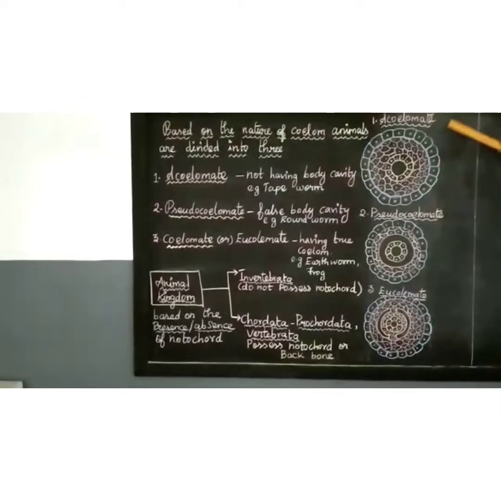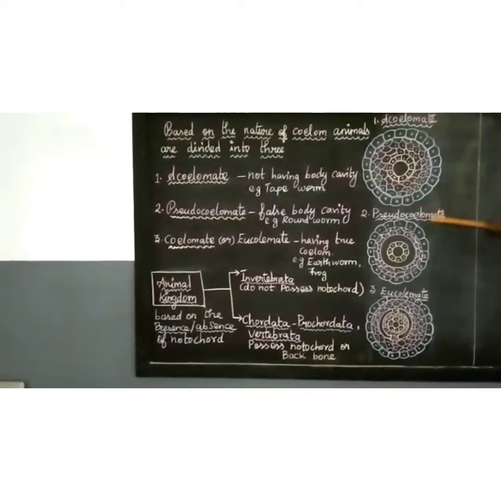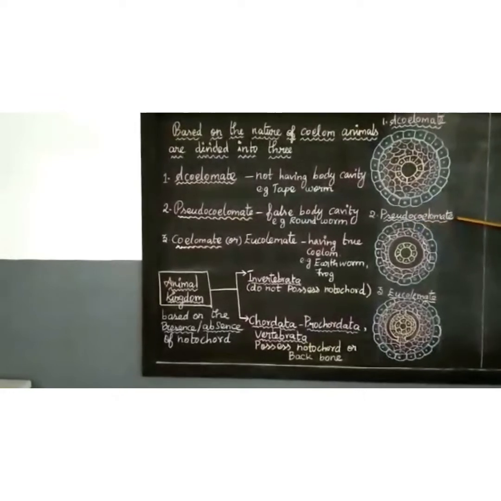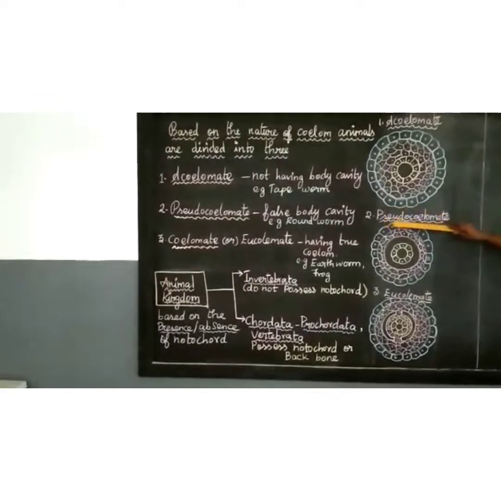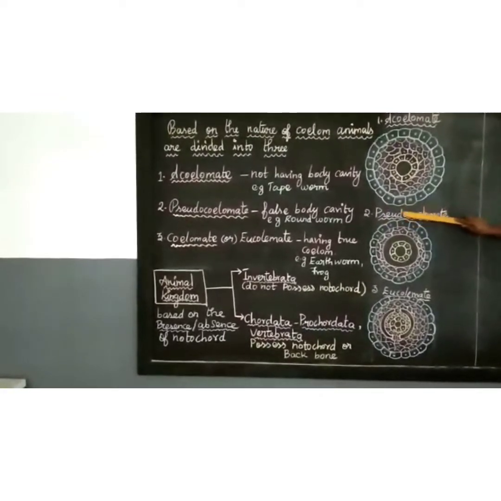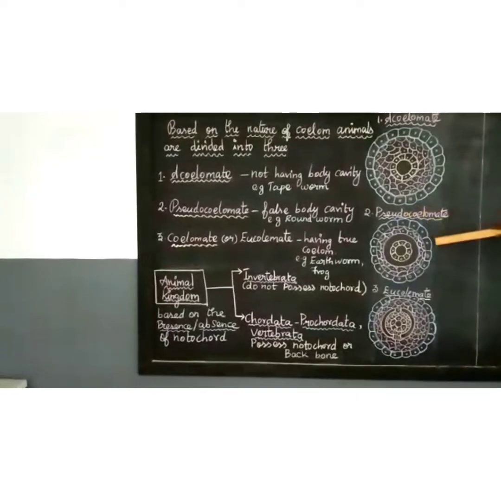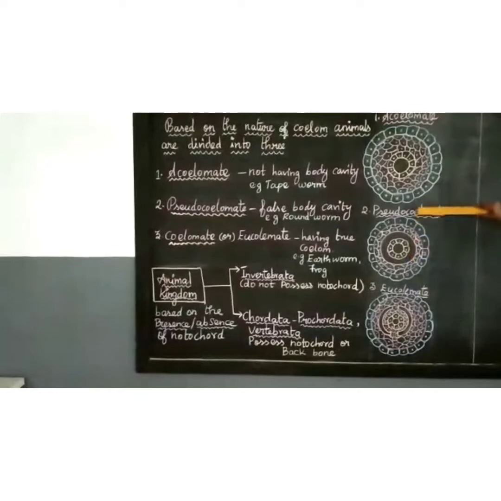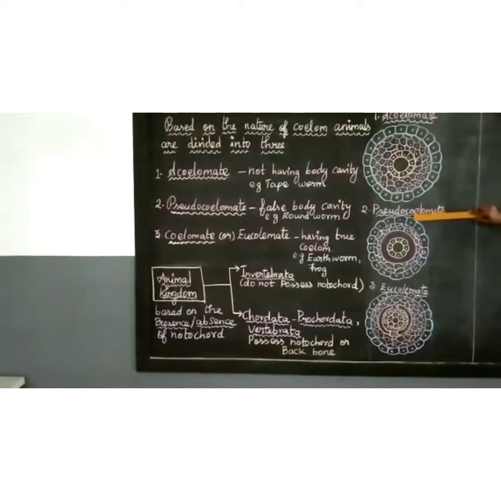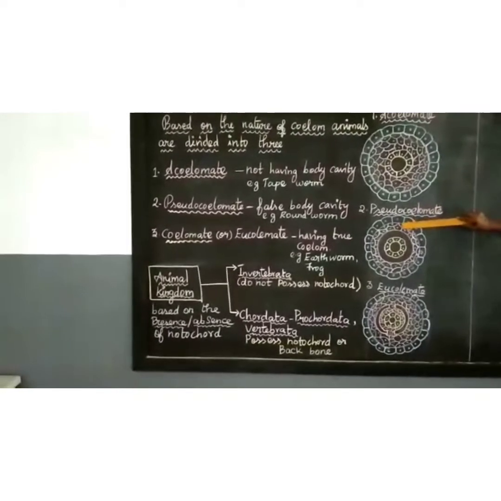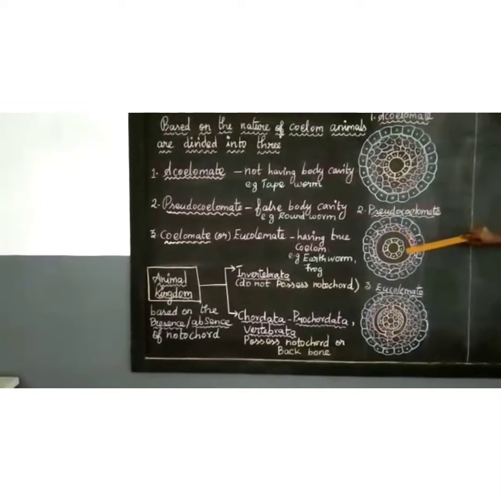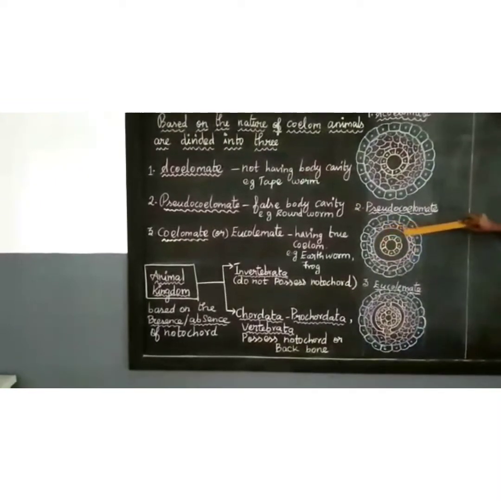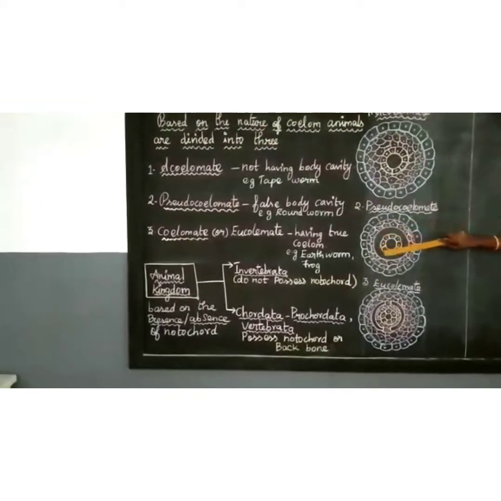That explains acoelomate. Then coming to the second one, pseudocoelomate. What is meant by pseudo? Pseudo means false coelom. Look at this diagram. This is the outer ectoderm, mesoderm. This mesoderm has some space.